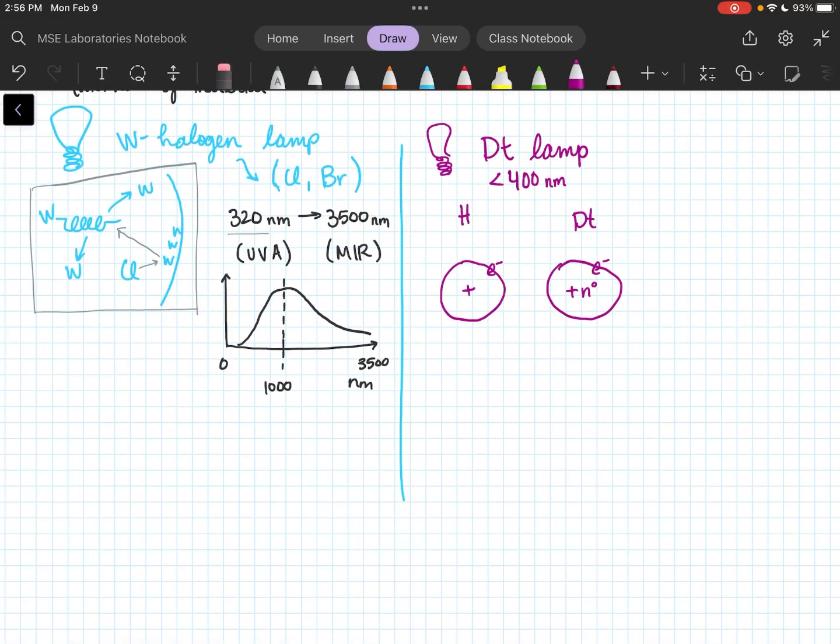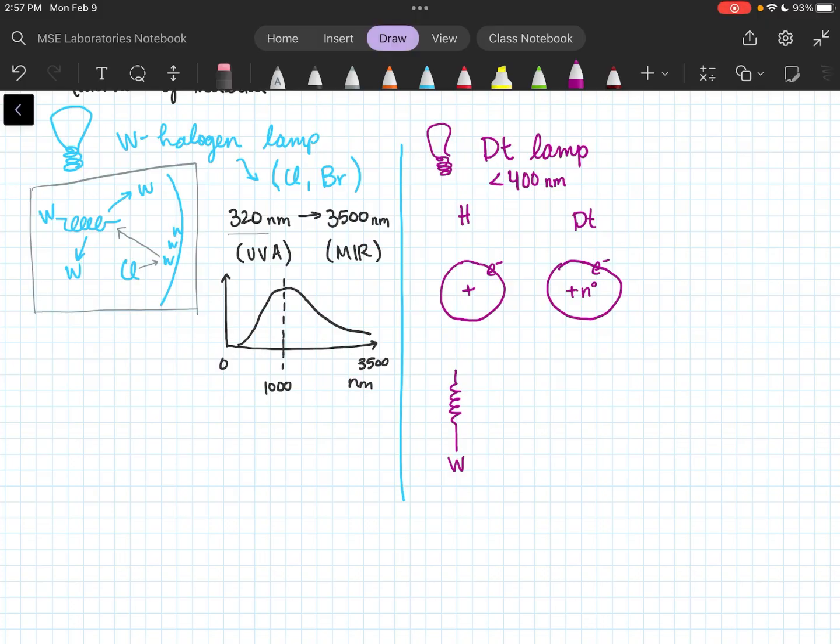The way this works, similar to how I talked about like how the tungsten halogen lamp works, is again, we've got a tungsten filament. The number of times that I talk about a tungsten filament as an integral part of some characterization tool is insane. Everything is a tungsten filament all the time.